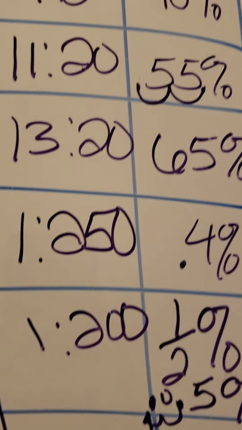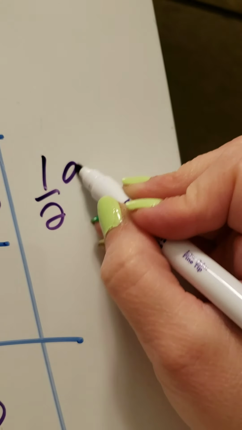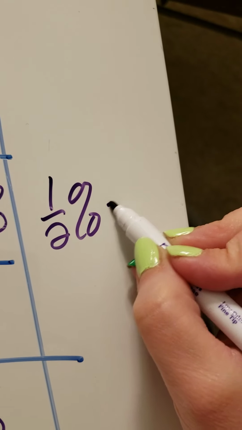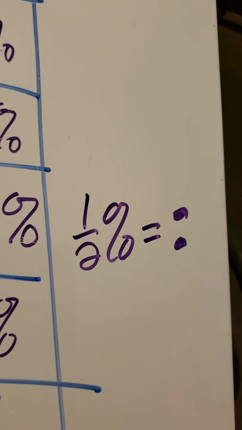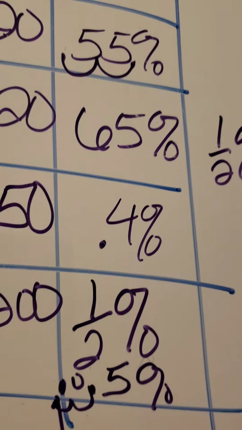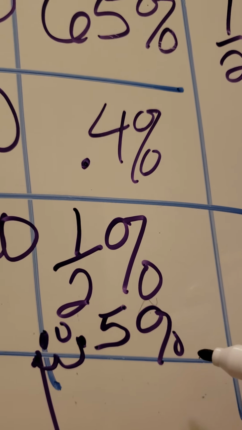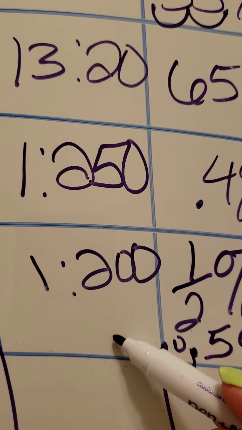Now, what you might have seen in the homework will say convert 1/2% to that. Okay, notice we put it in the box here. I cannot take that 1/2% and go straight to this box. Can't do it.